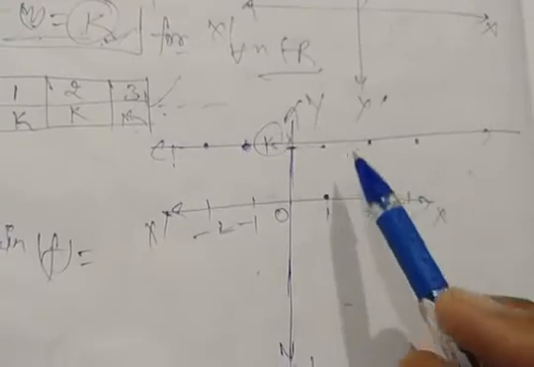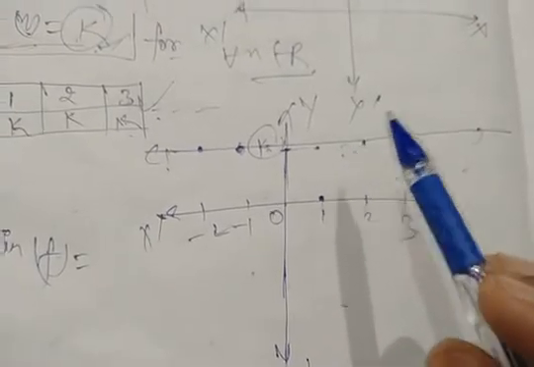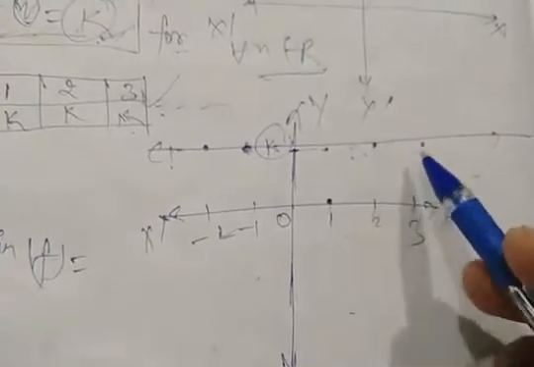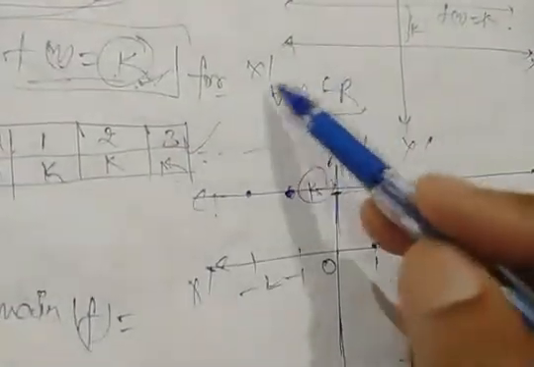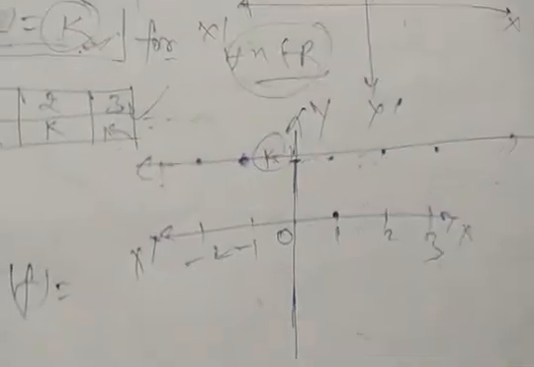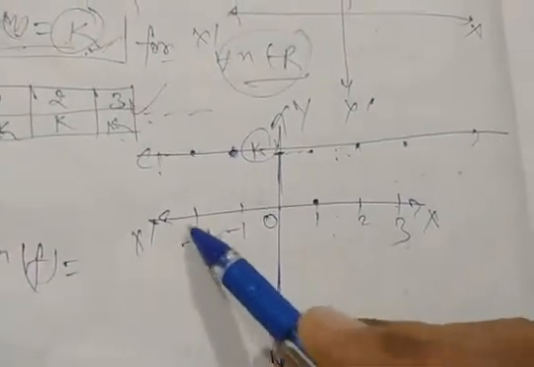Recently I discussed the range. We find the domain, all the possible values of x, and in this function x belongs to any real number. So we take the domain along the x-axis.